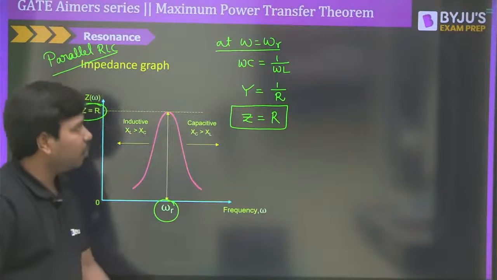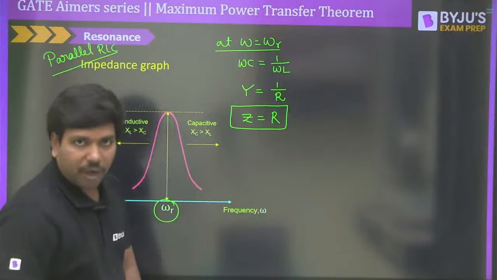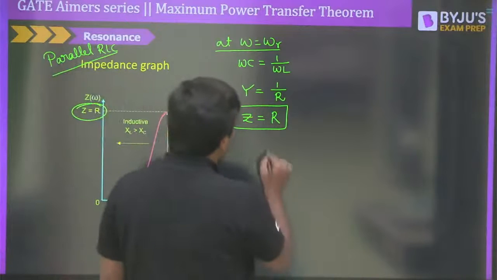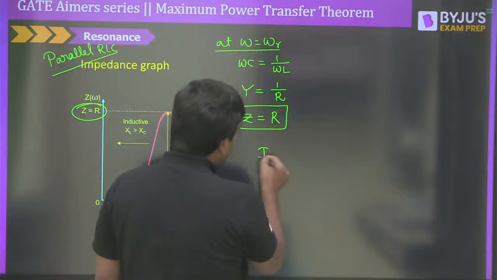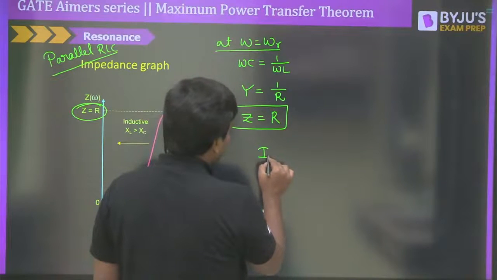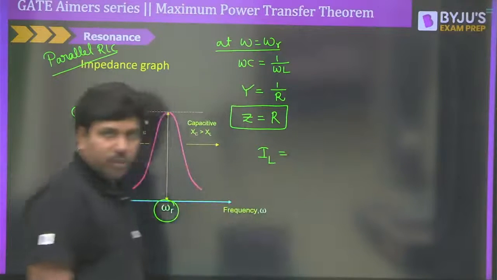Now all of you please look at this and tell me, if exactly this is what we are having, impedance Z is equal to R, can you tell me what is the current flowing through the inductor? How can I write the current flowing through the inductor?